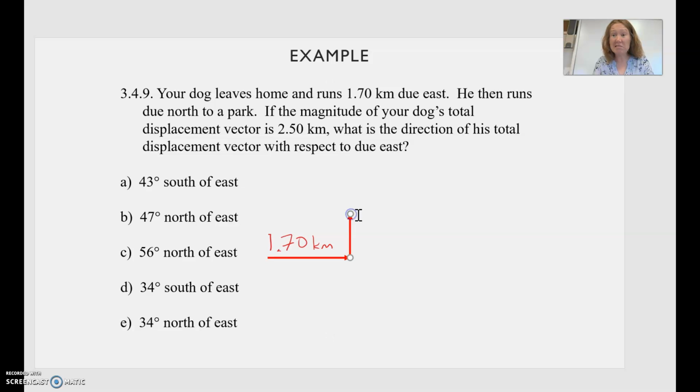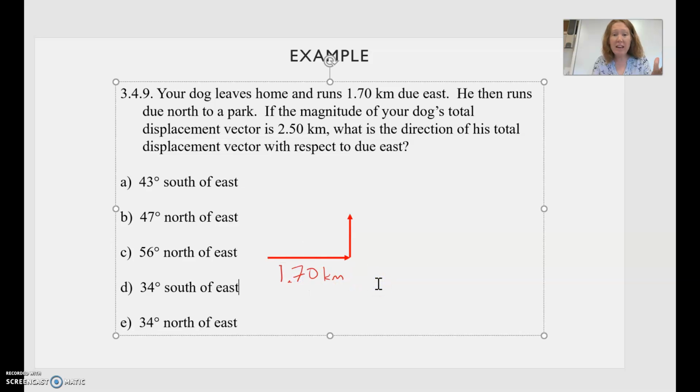I don't know. But it says the magnitude of your dog's total displacement vector is 2.5 km, not telling the direction. What is the direction? So they want us to find the angle here.